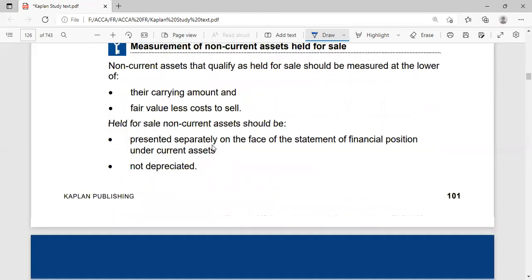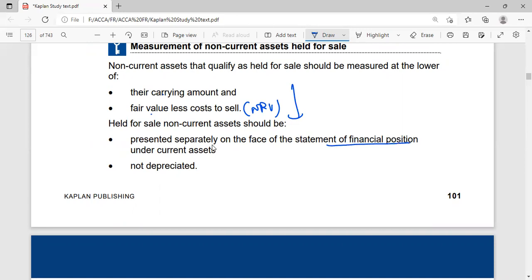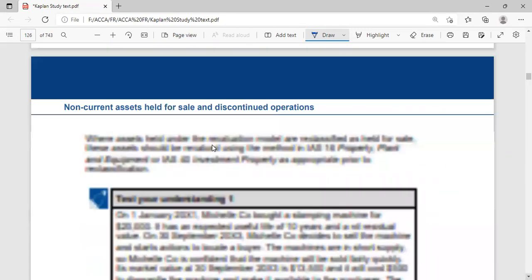Next, how to measure? That asset is measured at what? Carrying amount or fair value less cost to sell, called NRV. Carrying amount or NRV, whichever is less. It should be presented separately on the face of the statement of financial position under what head? Current asset, because the sale must be done within 1 year, and it is not depreciated.